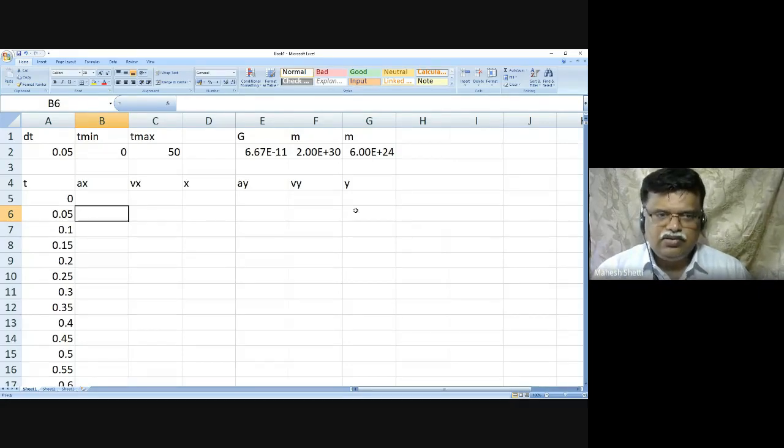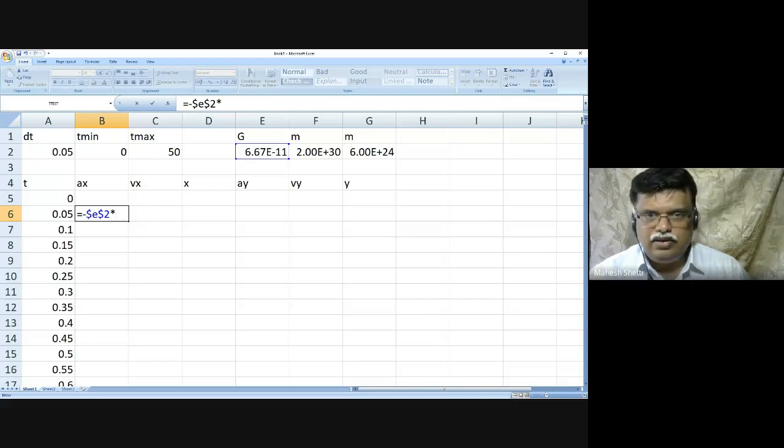Acceleration. Remember what the formula was? Minus G into M. M is the mass of the sun. The mass of the planet is actually not required here, because F is G M m, but then I have to divide by the same mass of the planet. So that part is not required. And what was that?